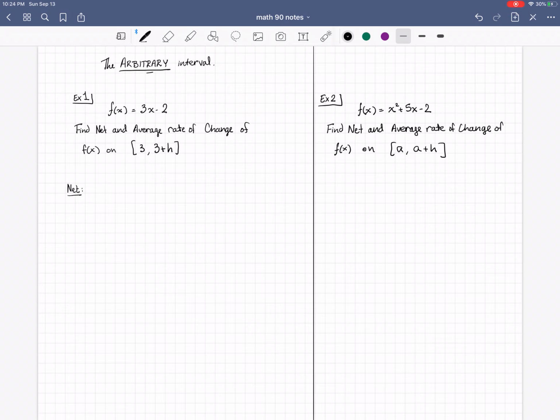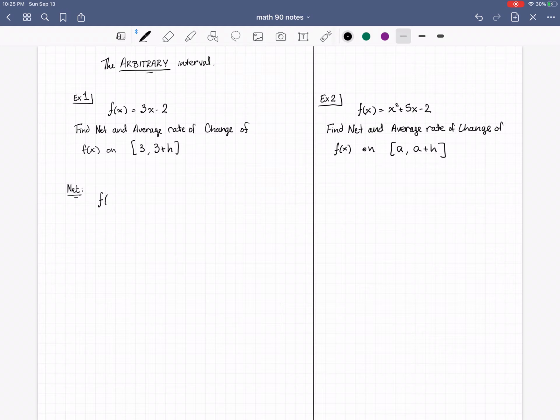I'm going to tap into our definitions from a couple of lessons ago, something we've said a few times: the net change of the function is the difference between the value the function takes on at the end and the value the function took on at the beginning.